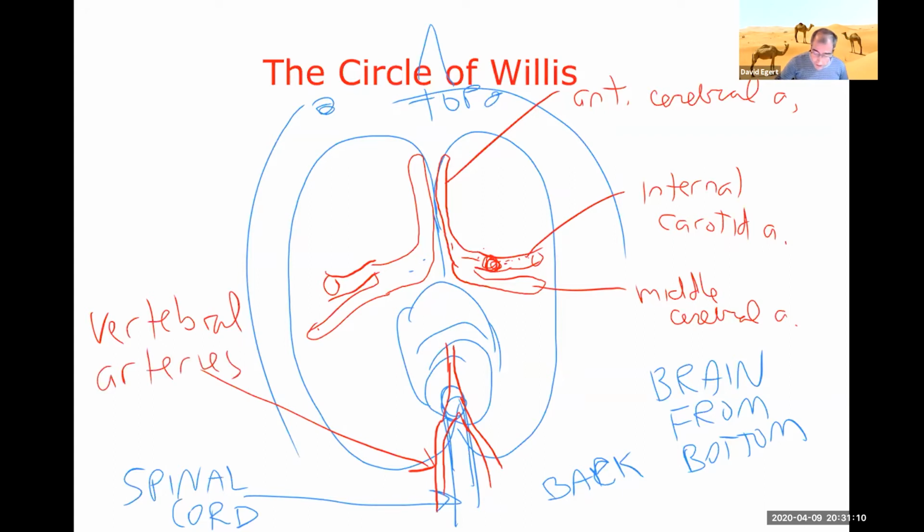They merge into a single artery called the basilar artery. And then that basilar artery becomes the posterior cerebral arteries.